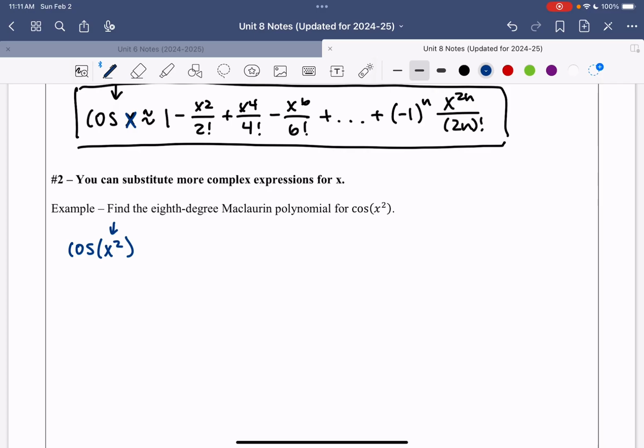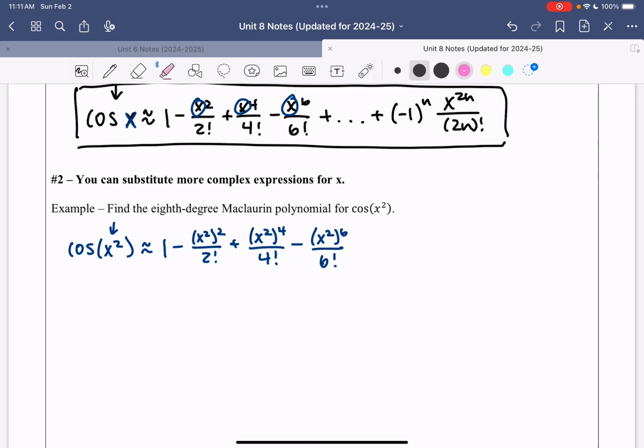So I'm going to plug x squared in for all of our x's in our Maclaurin polynomial. I'll have 1 minus x squared squared over 2 factorial. My next term is x squared raised to the 4th power over 4 factorial. And then x squared raised to the 6th power over 6 factorial.